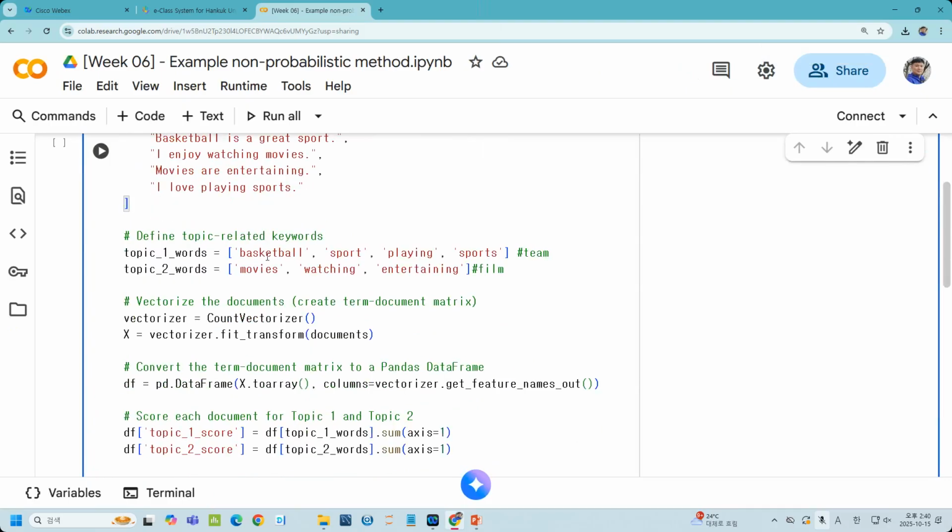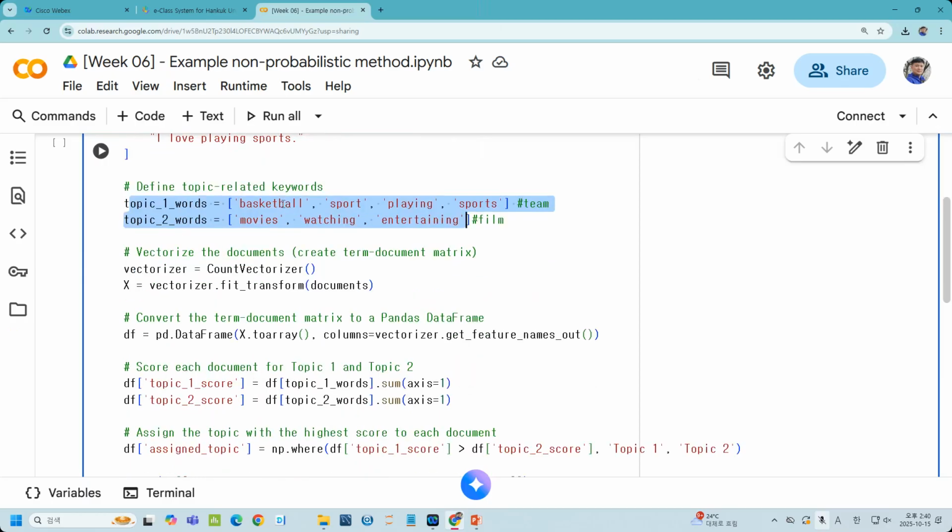So we need to define the topics. It is not easy, but in many basic methods, they use this kind of way to make the topic model.